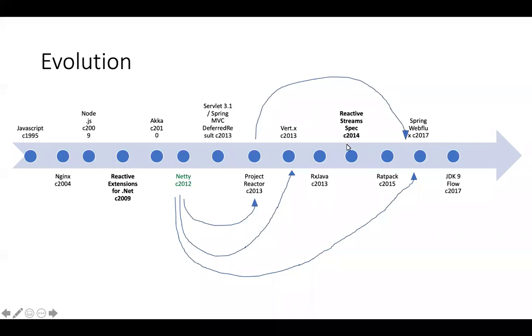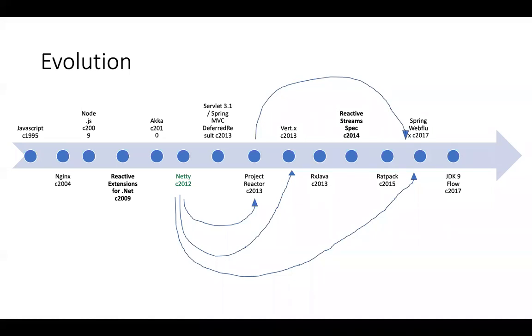And Spring WebFlux is a very important part of this ecosystem. Currently, everybody who is into the space either uses Vert.x or Spring WebFlux, or there may be Ratpack that is also there. And RxJava is extremely important, which came out in 2013 also. RxJava is another library which gives all these features of handling observables.